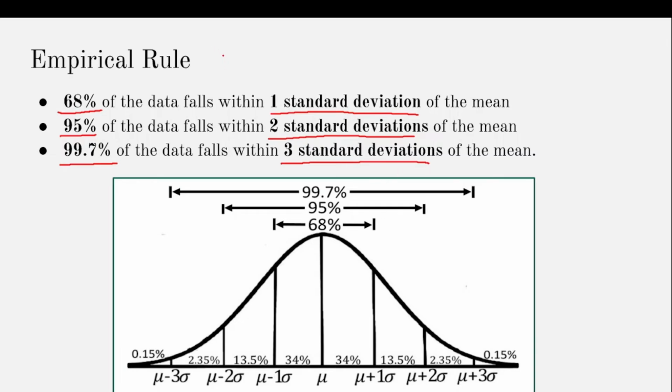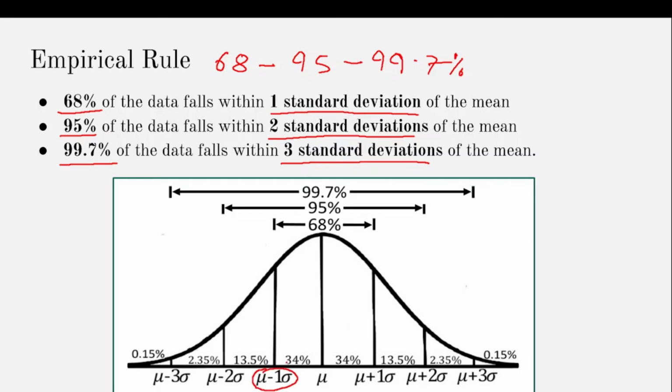Therefore, the empirical rule is also known as the 68, 95, 99.7% rule.